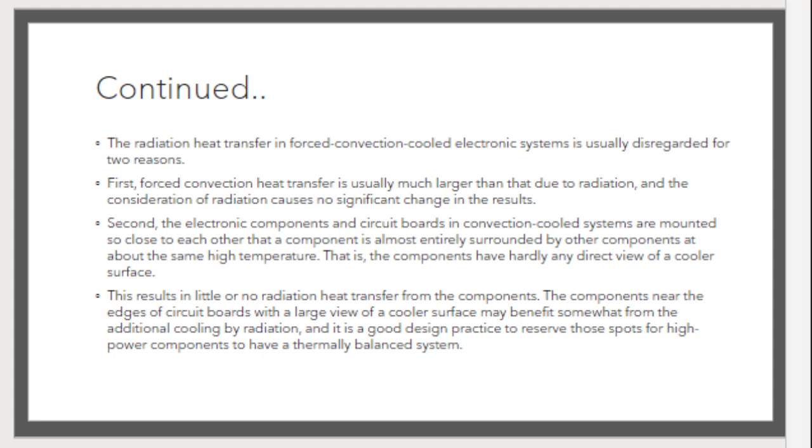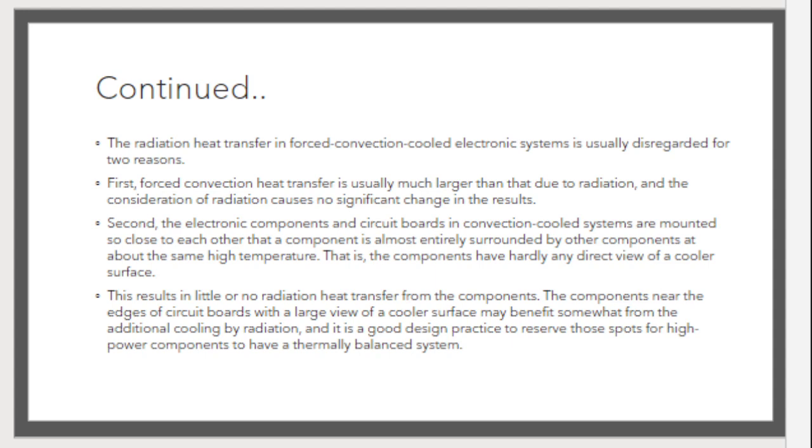The radiation heat transfer in forced convection cooled electronic systems is usually disregarded for two reasons. First, forced convection heat transfer is usually much larger than that due to radiation, and the consideration of radiation causes no significant changes in the results.